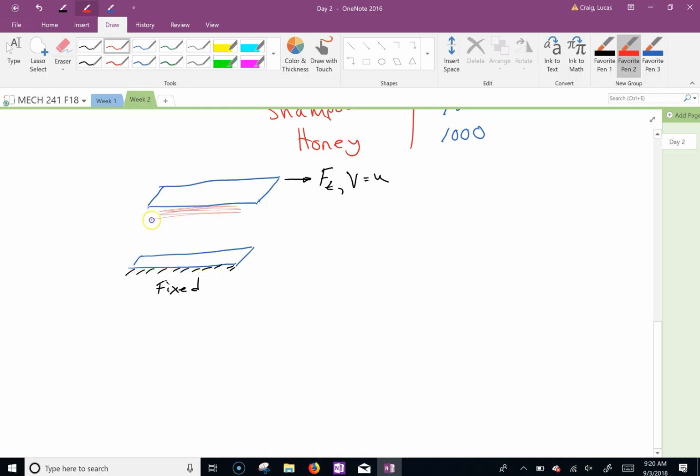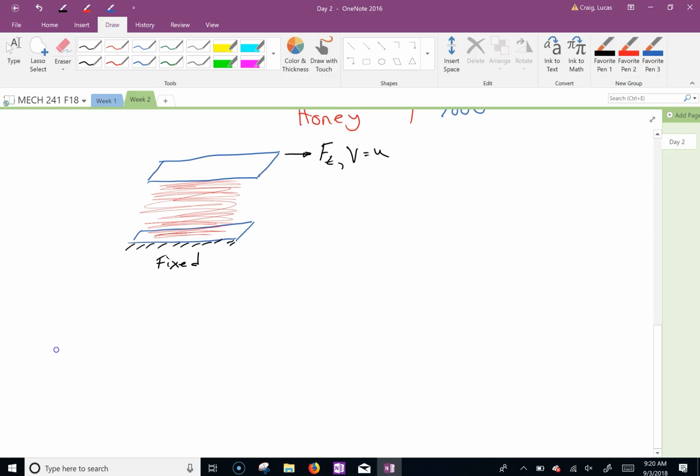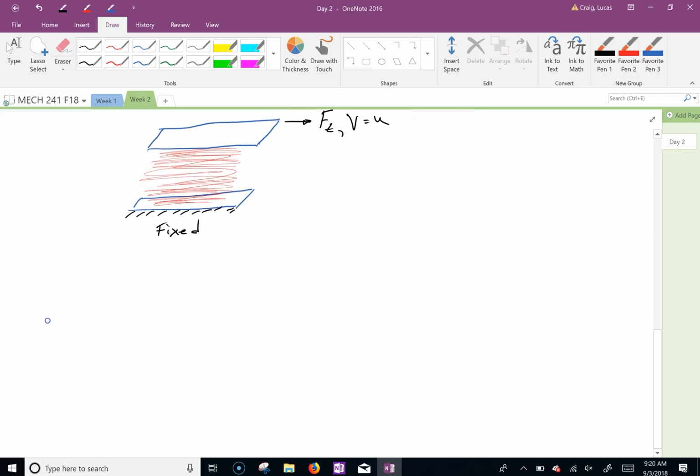Between the plates, we have a liquid layer, which is this red layer. We're doing a combination of 2D and 3D. The bottom plate is fixed, it's not moving, but the top plate is moving to the right. And let's throw a coordinate system on here.